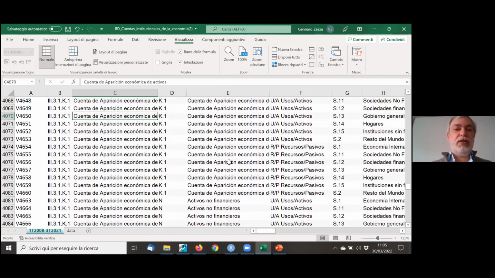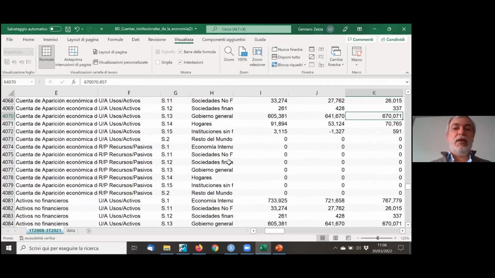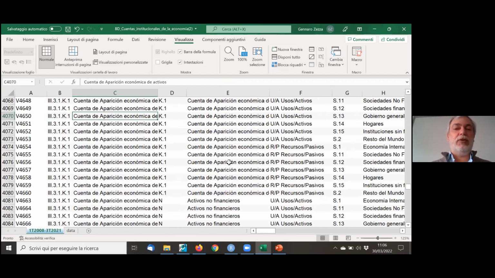Then we have this funny account that I've not met in other countries. So the Aparición Económica de Activos is, and I guess of debt is, I think, something they use when the measure of the asset is larger than they expected and they don't really know why. And so they say, okay, there's some additional asset that has appeared.